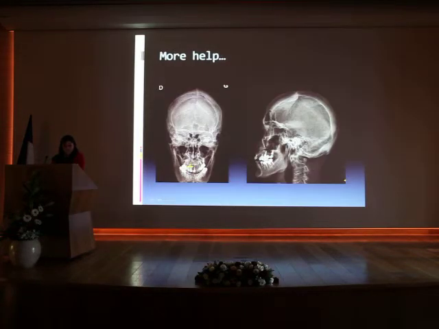Just more help here on the skull radiographs. There's enlargement of the frontal bone with hyperostosis frontalis interna here, with prognathic jaws here. It's a female, so she has a really big jaw.